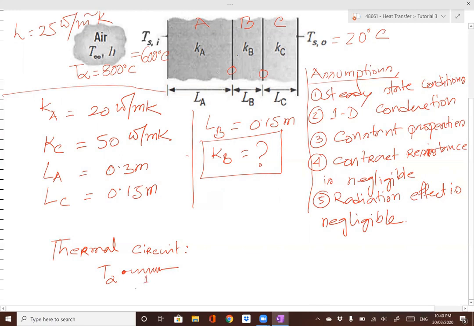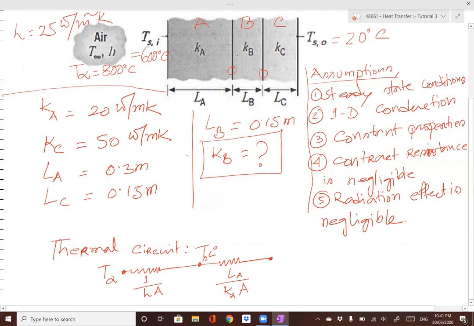So the convection thermal resistance will be 1 over convection coefficient and area. Then the temperature of the oven inner surface. Then there will be conduction, heat will flow through material A, so the thermal resistance for material A is length for material A over thermal conductivity for material A and the area.